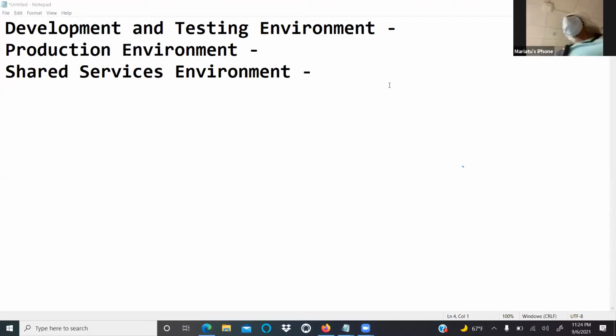Fine. So I have a question. Earlier you said the dev test is a dirty environment, and now you say shared service is like a bathroom. Is it the same thing or different? It's different, because in IT, in very technical terms, dev test is where you try to build up applications. Production is where you deploy it to go live.